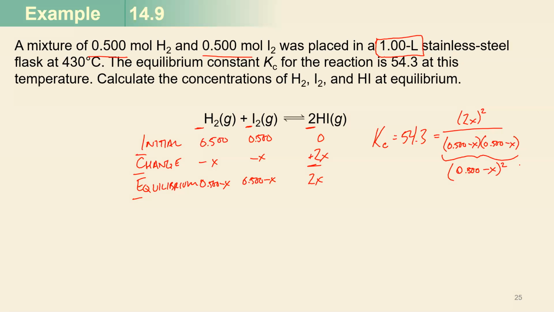And so because we have a square on the top and a square on the bottom, the easiest thing to do is take the square roots. Right? So if we take the square root of both sides, we need the square root of 54.3. 7.37 is equal to 2x divided by 0.5 minus x.